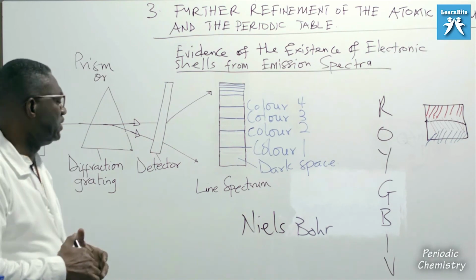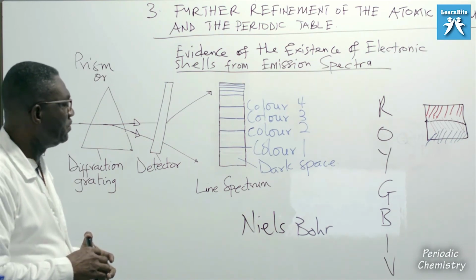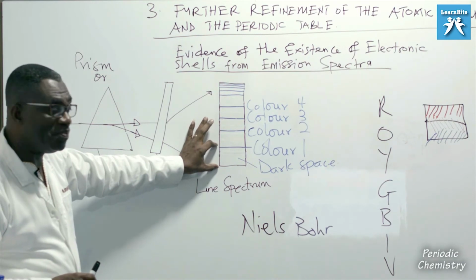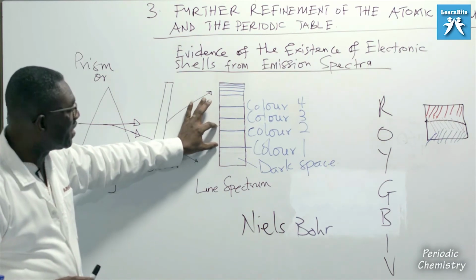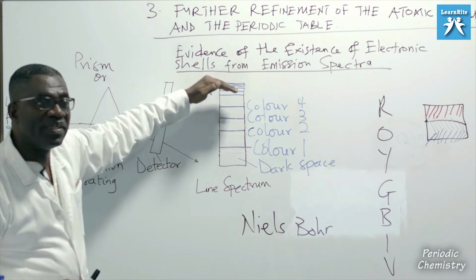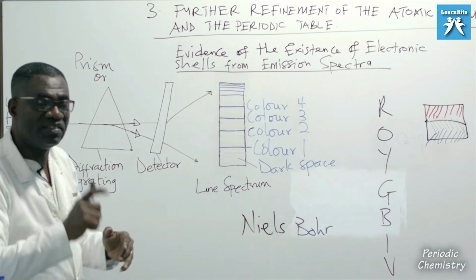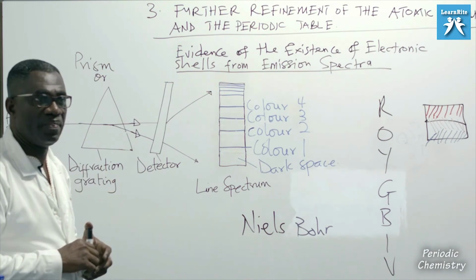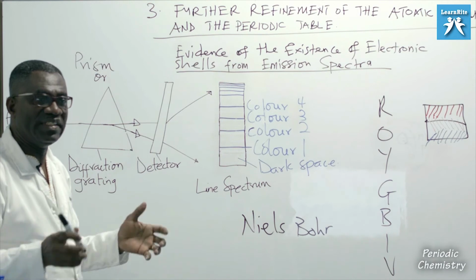Now, another explanation that Bohr gave is that, look at this space. It is bigger than this space, and this is bigger than this space. That is bigger than this space. So as we go, the spaces which represent different energy levels become closer. What does that indicate?